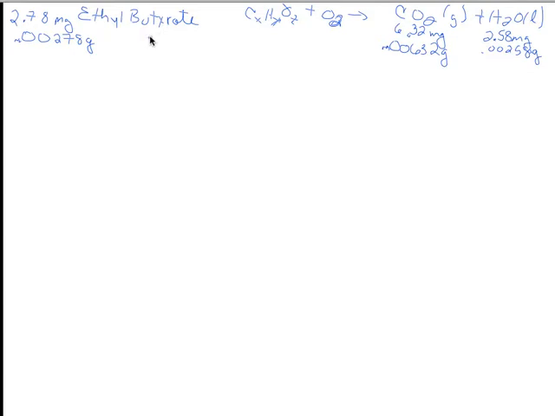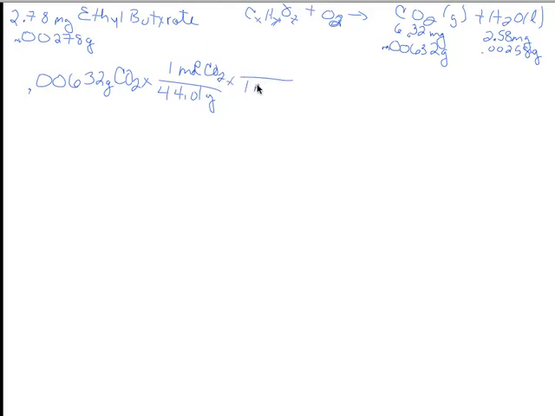So stepping through that process, I would have my 0.00632 grams of CO2 times the molar mass, 44.01 grams in 1 mole of CO2.